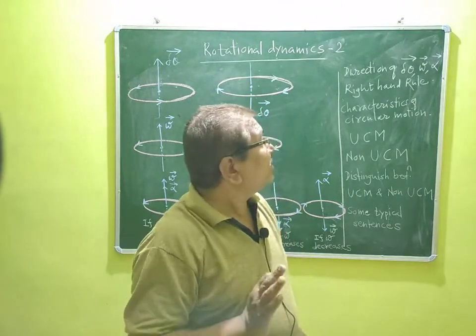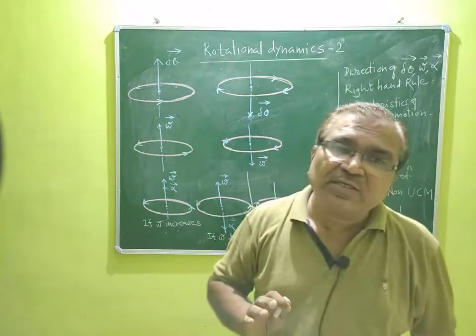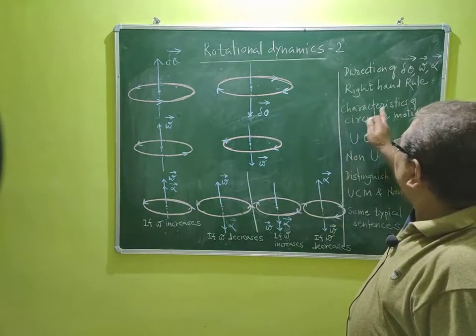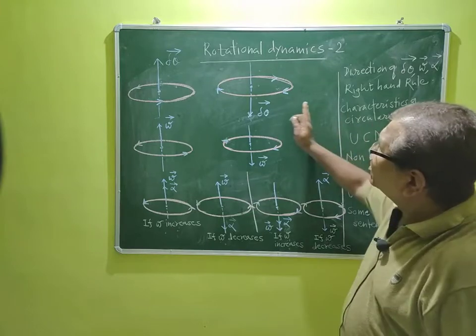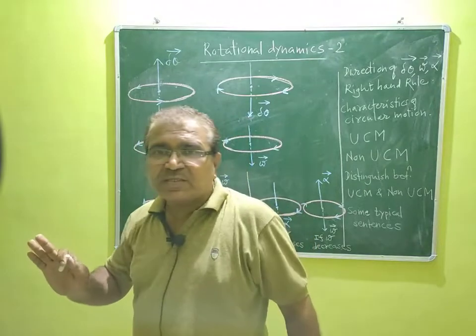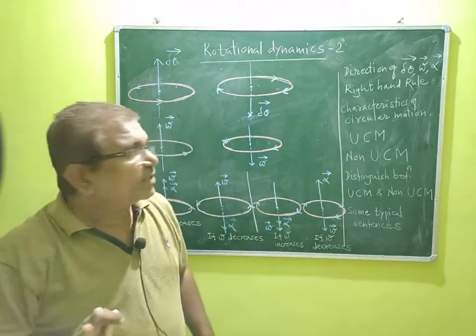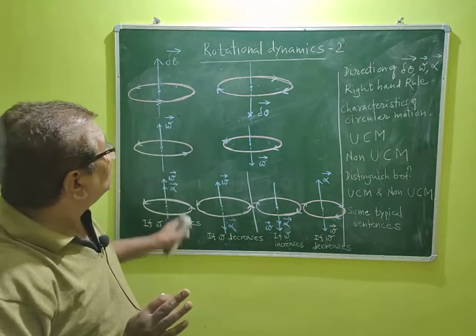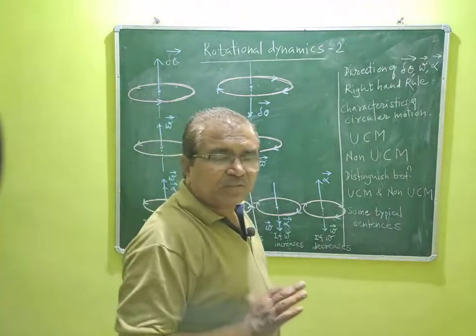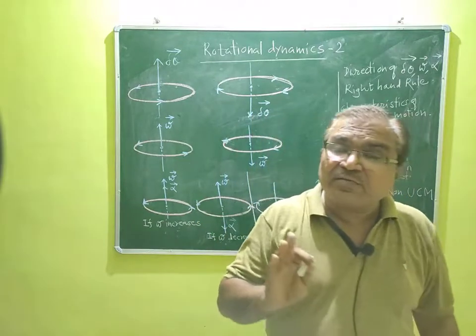Then we have to learn another important article, that is characteristics of circular motion. If necessary, after pausing the video you can draw all these diagrams in your notebook. Observe the diagram very carefully.